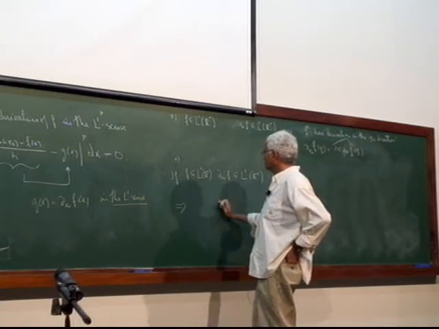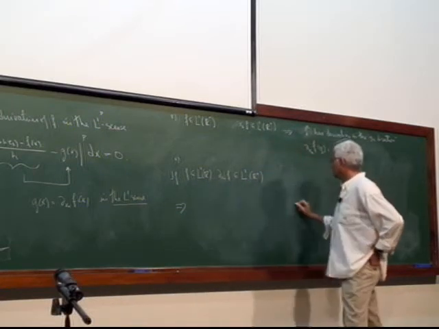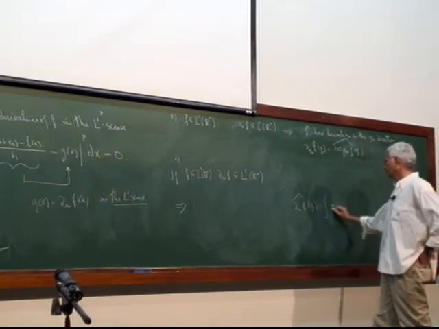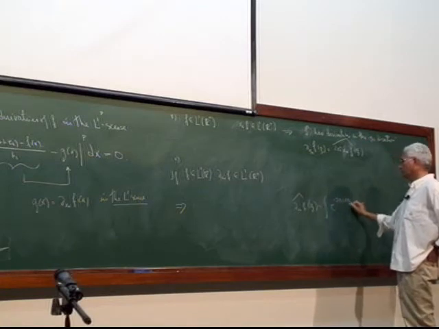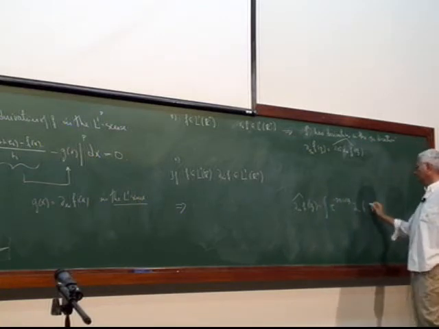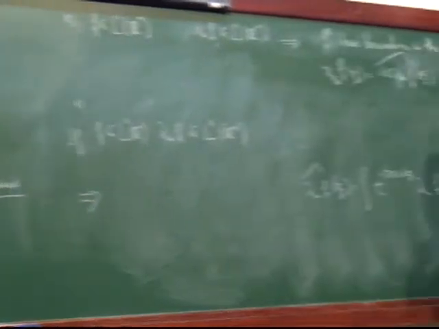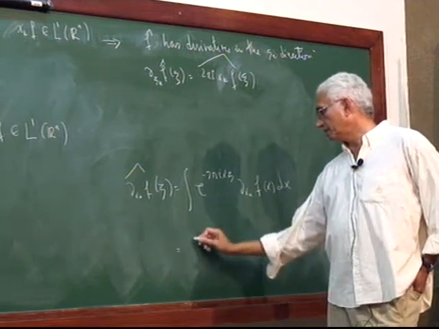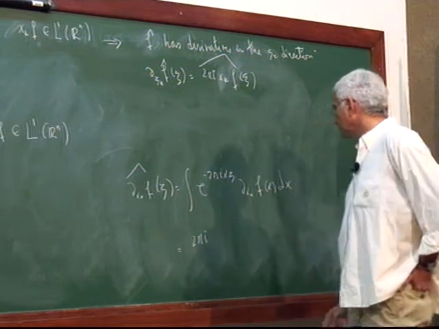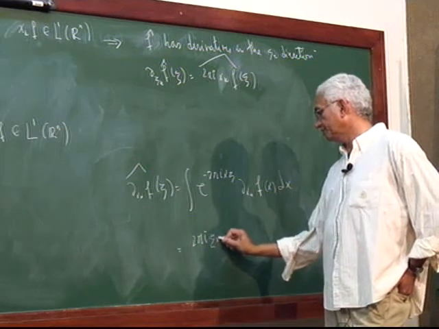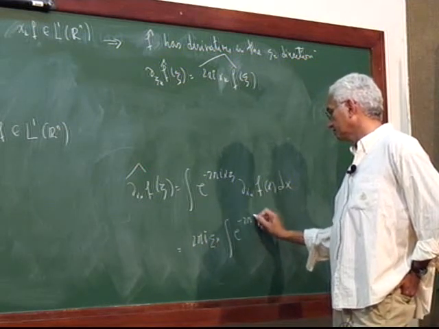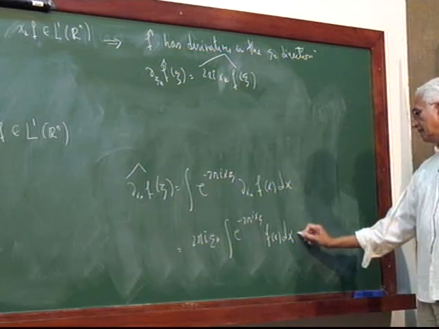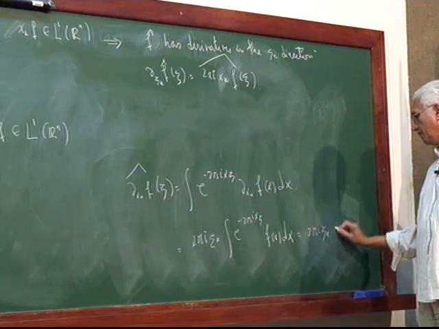That implies, what do you expect? Suppose, what will be the Fourier transform of this? Then if you integrate by parts, you pass the derivatives to the other side. And since you are integrating by parts, this will be 2 pi i c sub k, and this is exactly 2 pi i c sub k times the Fourier transform of f.